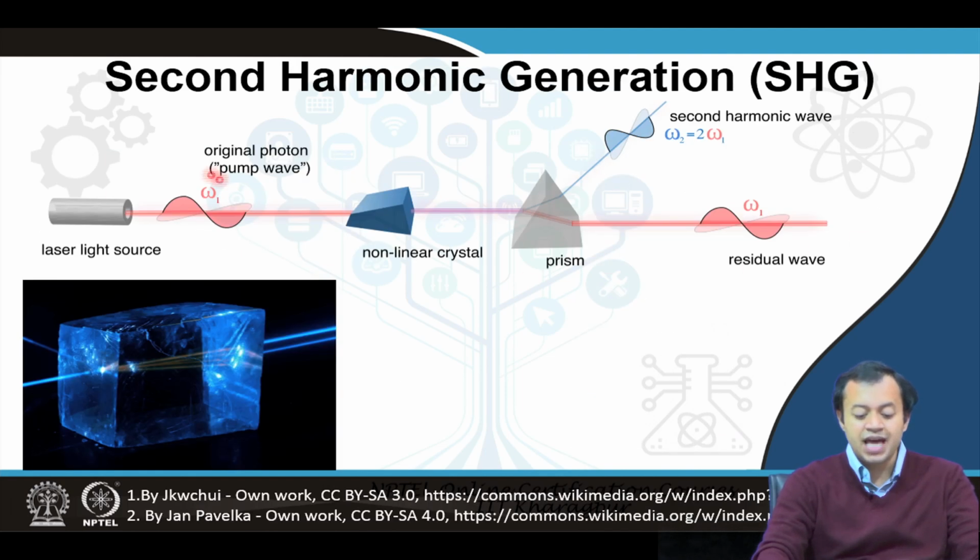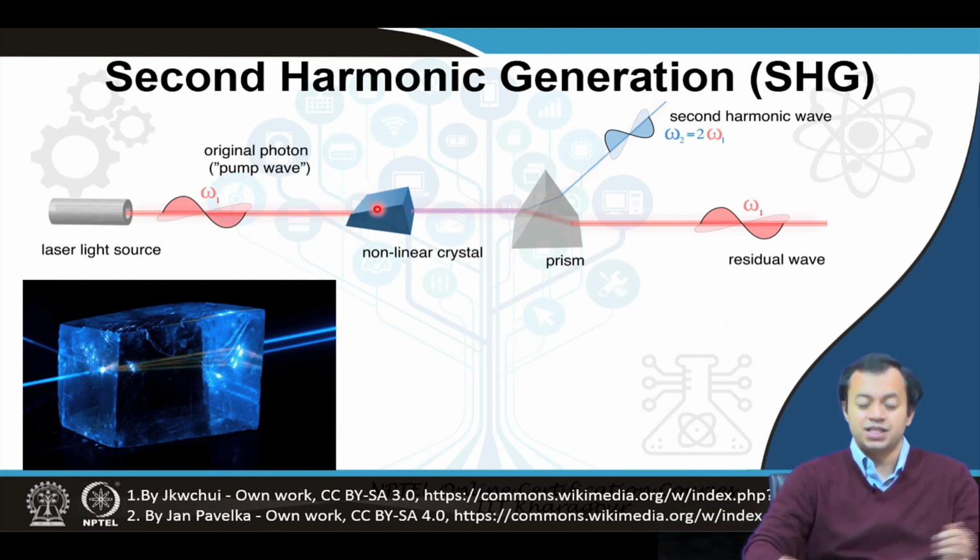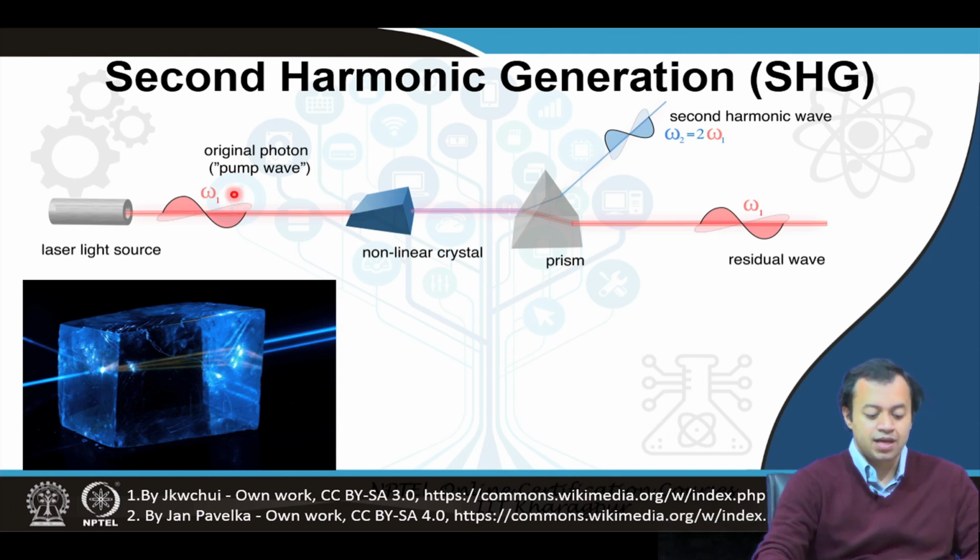And we see this happening every day in our laboratories, where some kind of nonlinear crystal, for example lithium niobate, these complicated crystals, have different arrangements in different directions. When subjected to beams of light omega 1, it generates 2 omega 1 and omega 1 at the output. This 2 omega 1 is a combination of omega 1 plus omega 1.